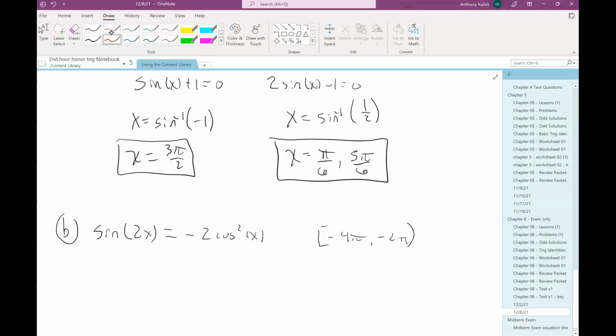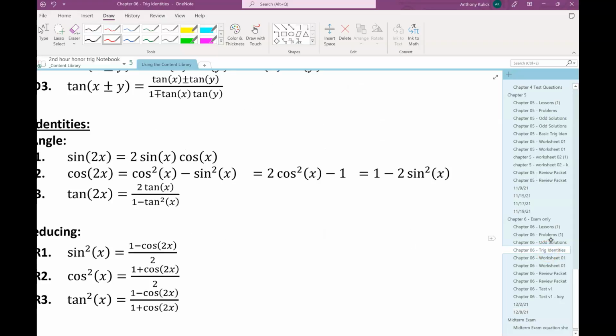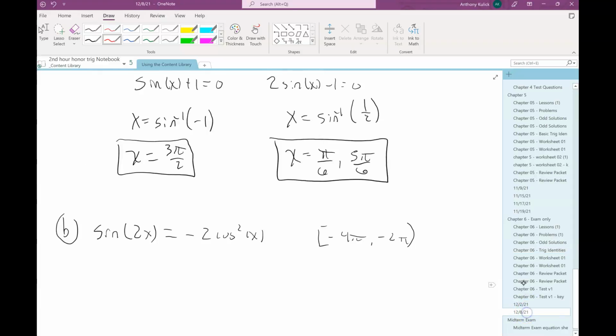So I would start by using my double angle formula to get rid of the sine 2x. If I look at my identity, sine 2x is 2 times sine x times cosine x. And I'm going to move everything onto one side, so I'm going to add the 2 cosine squared x over.